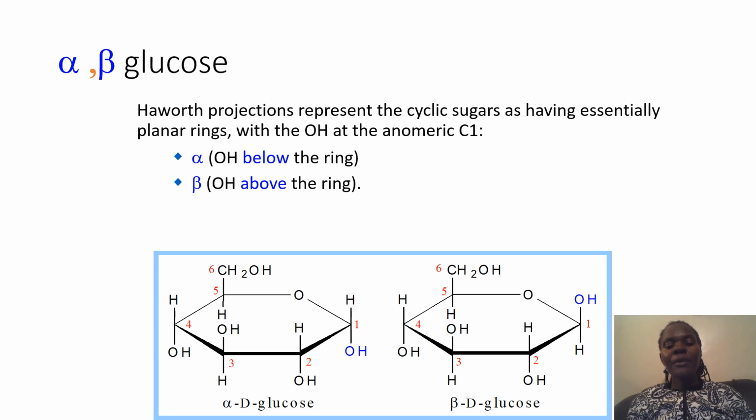For example, if you want to know a beta D glucose, the OH at carbon atom number 1 determines the beta or the alpha of a monosaccharide in cyclic form. If the OH is below the ring, it is an alpha. If the OH is above the ring, it is a beta.